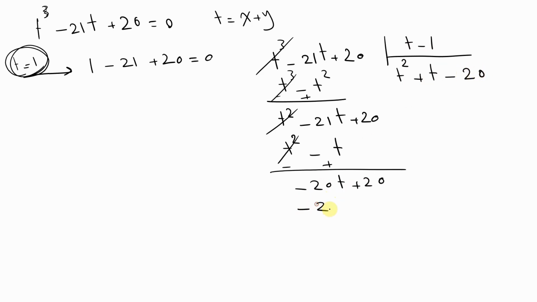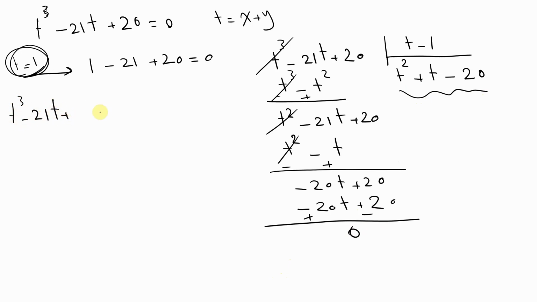So negative 20 times t plus 20. And as you can see, if you change the sign, you are left with 0 as residue. So this is our new equation. And I can rewrite t cubed minus 21 times t plus 20 as t minus 1 times t squared plus t minus 20.